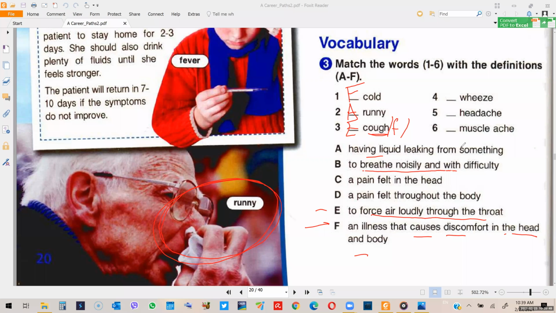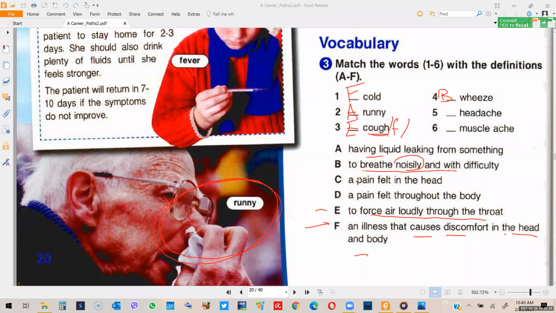So there is a sound, wheezing, like breathing like this. So that's wheezing, to breathe noisily, with a sound with the breath, and of course with difficulty.